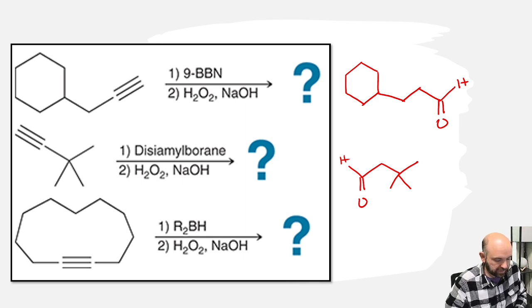In our last example down there, we would simply delete one of the double bonds and have a double bonded oxygen in place. And we notice that that's a symmetrical molecule as well, so even if we add the oxygen to either side, we still get the same result. We still get the same molecule, so that's all one product there.